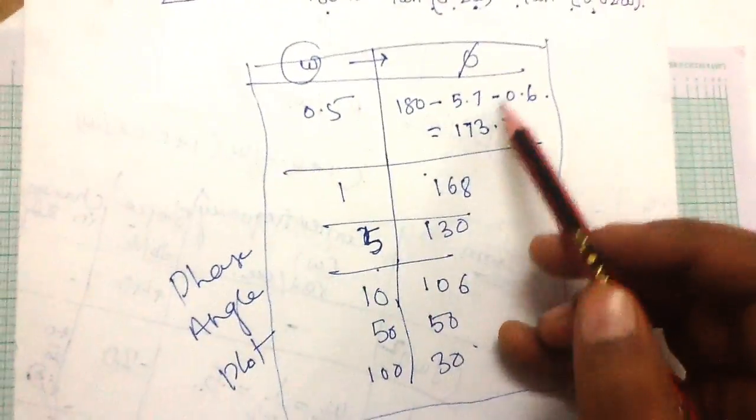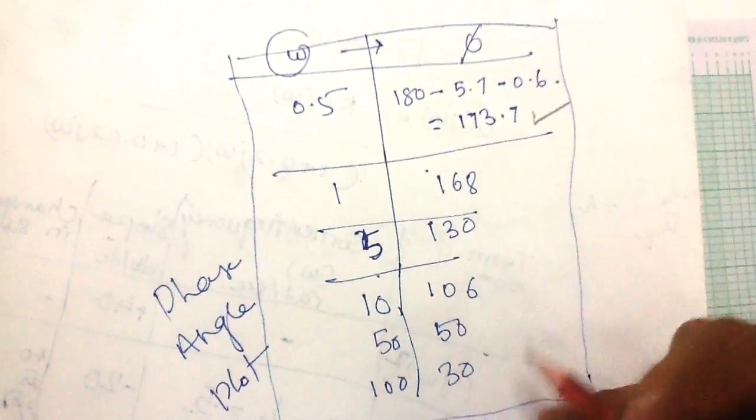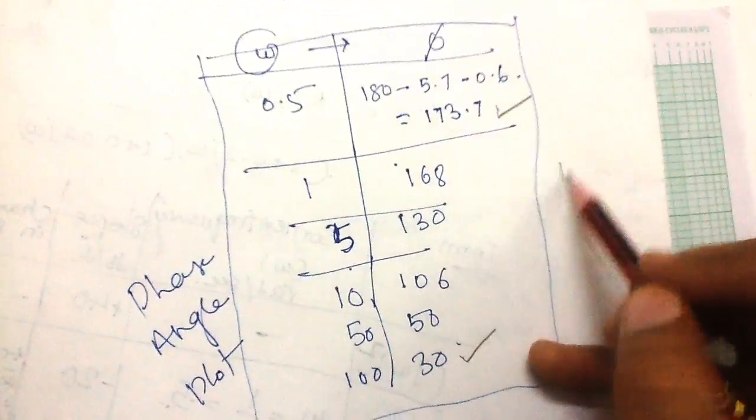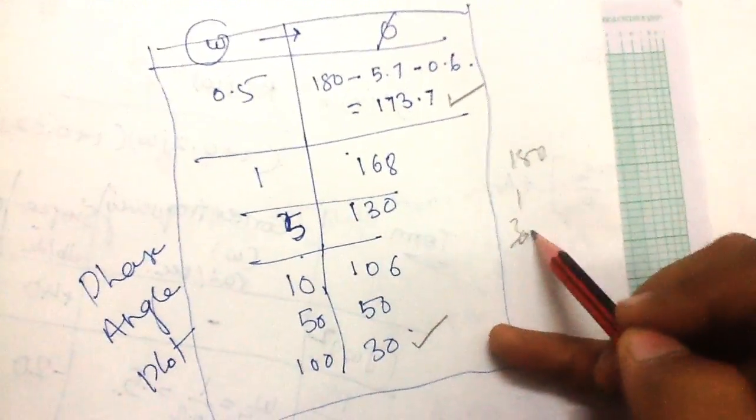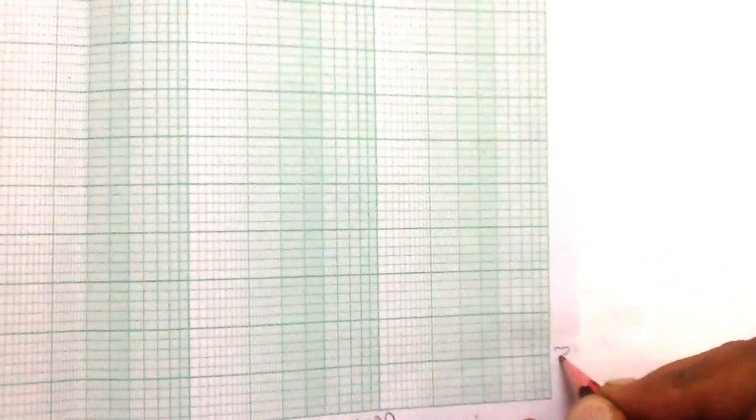So now you need to plot the phase angle plot. Now if you just have a look at the different angles you've got for different frequencies, they're ranging from 170 to 30. So we're going to take a scale of 180 to 30. So let us write 30 here.